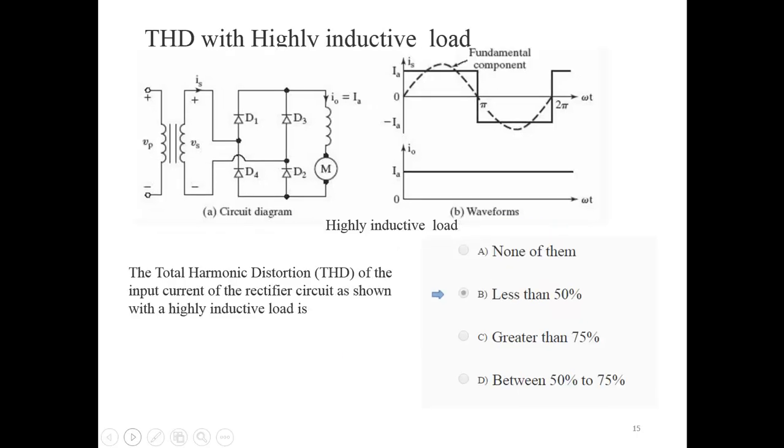And the total harmonic distortion of this waveform is shown there. There is an example in the book. It shows some derivation, finding the Fourier series of this particular waveform. It shows that the total harmonic distortion is about 48%. You can check the expression there.